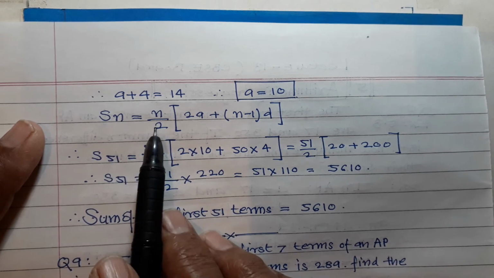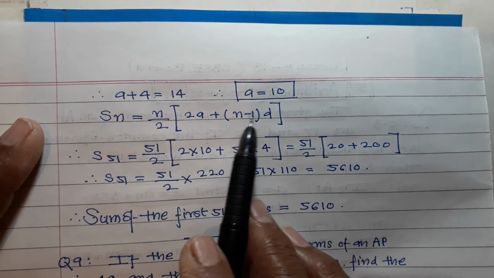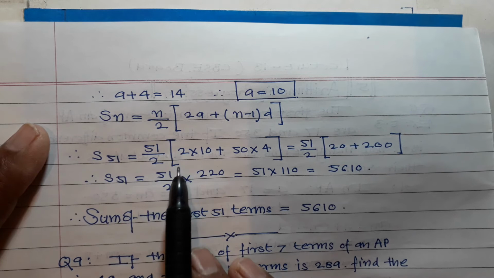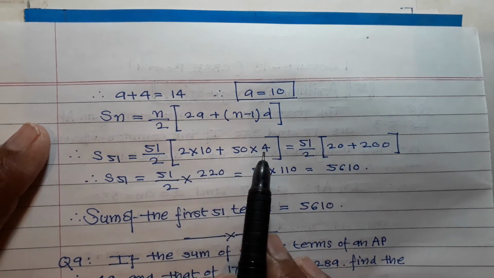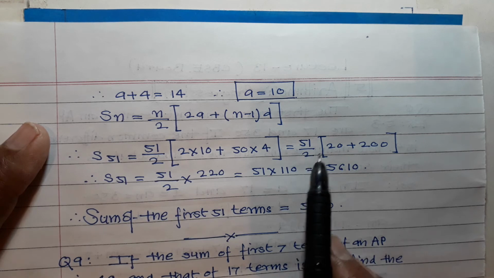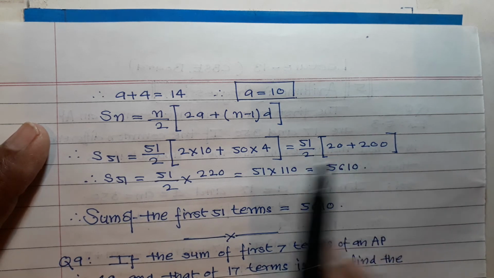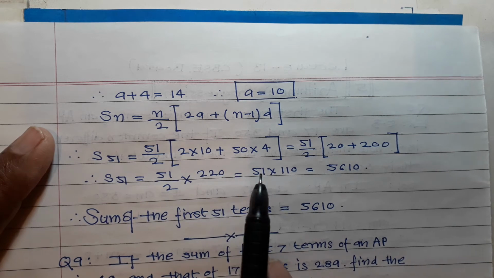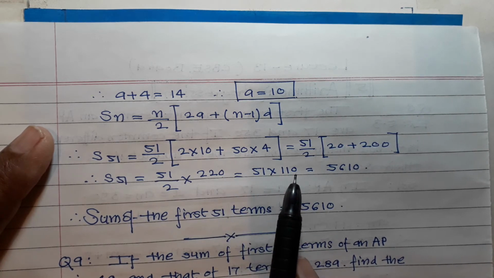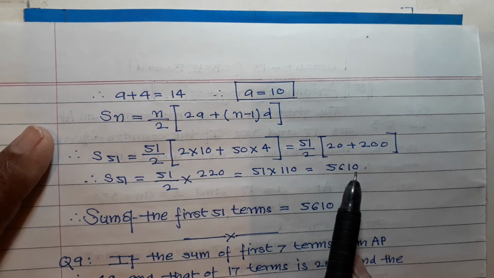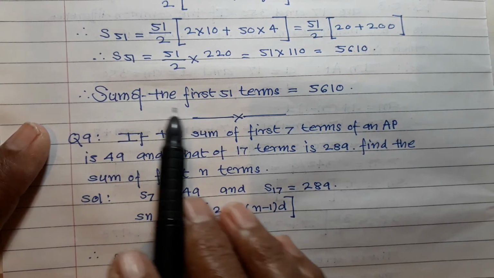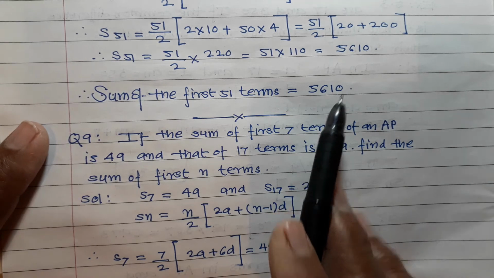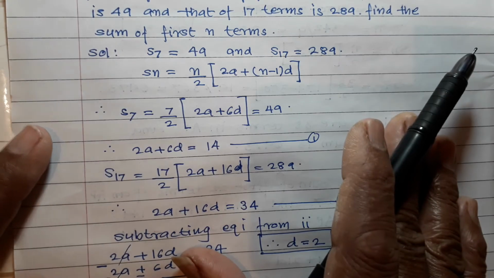Now S_n is equal to n upon 2 into bracket 2a plus (n minus 1) into d, and therefore S_51 is equal to 51 upon 2 into bracket 2 into 10 plus 50 into 4 is equal to 51 upon 2 into bracket 20 plus 200, and therefore S_51 is equal to 51 upon 2 into 220 is equal to 51 into 110 is equal to 5610, and therefore the sum of the first 51 terms is equal to 5610. Okay.